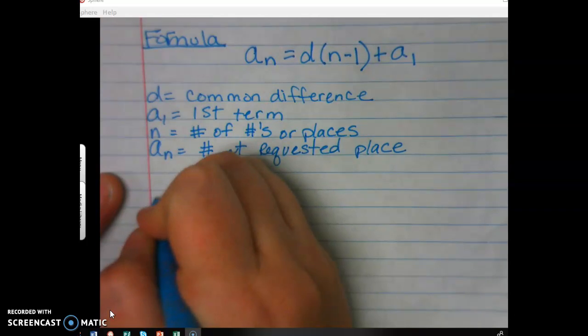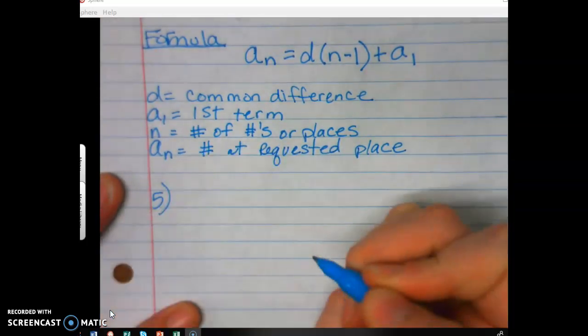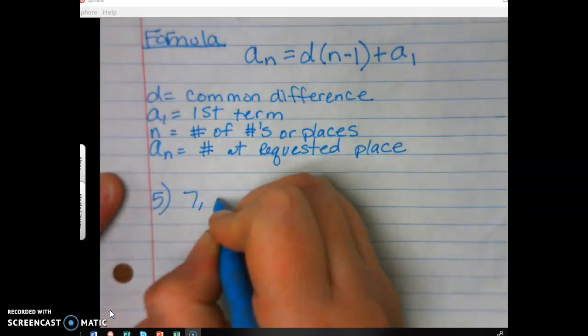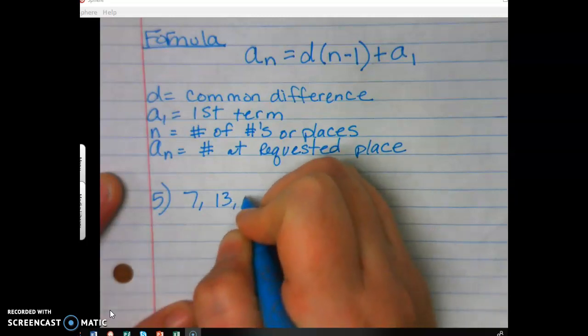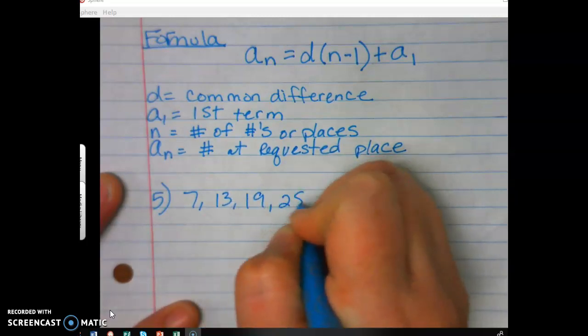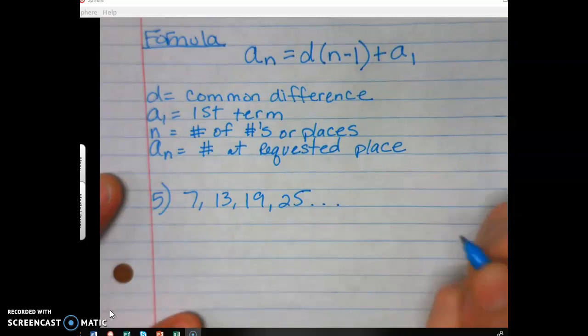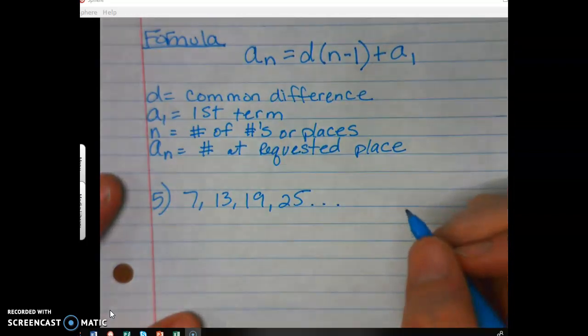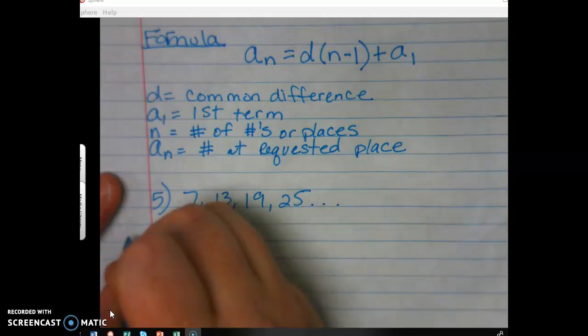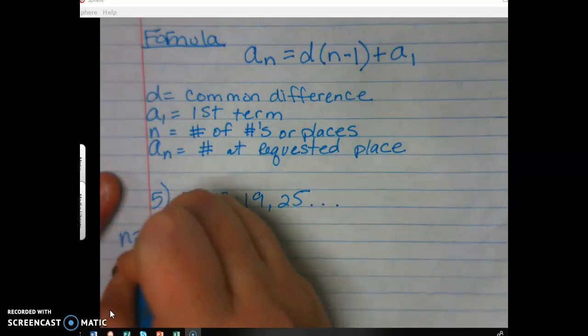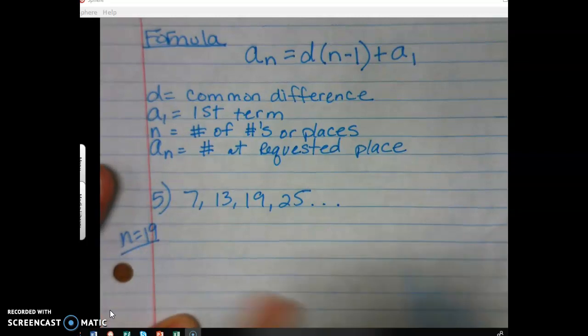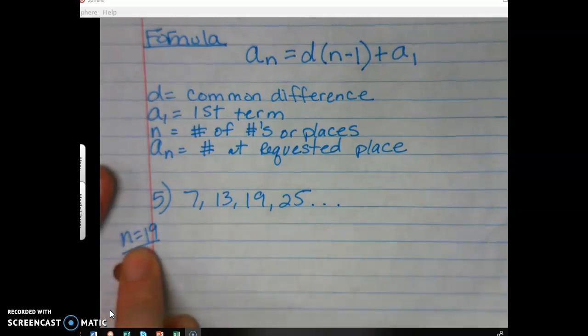Here's number 5. Okay? We have 7, 13, 19, 25, dot, dot, dot. And I want to find N equals 19. I want to find the 19th number in this list for whatever reason.